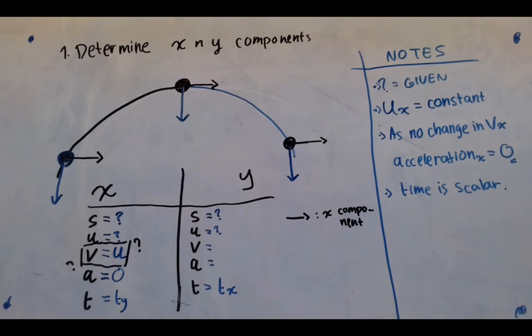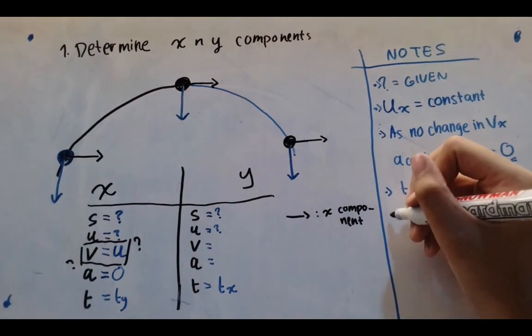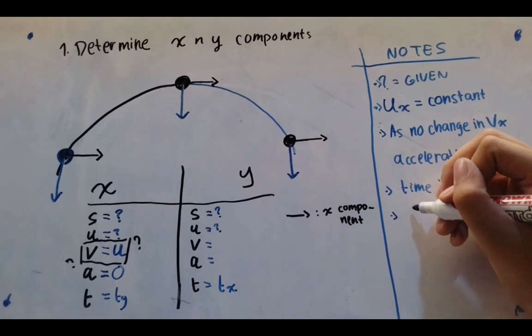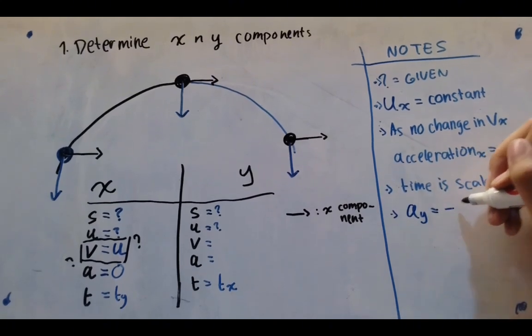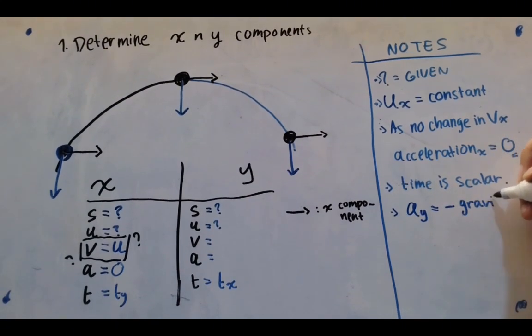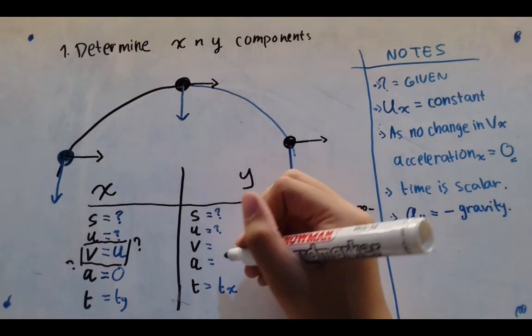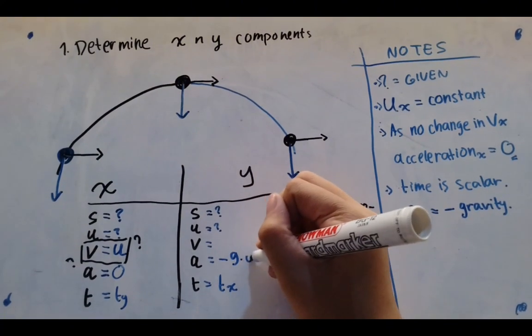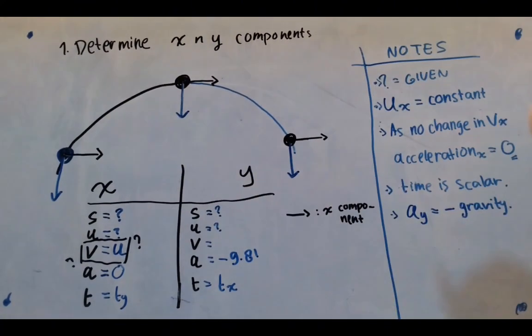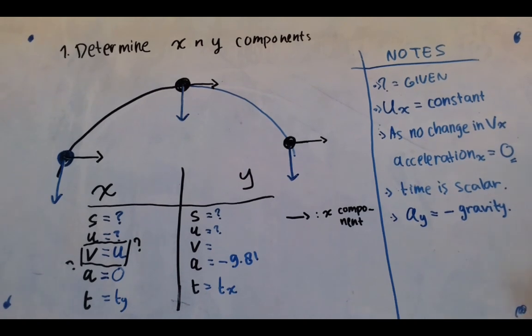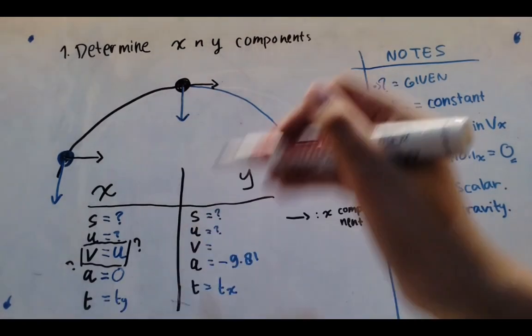And as we indicate that upwards means plus or positive and downwards means negative, we can say that the acceleration in the y direction is negative 9.81 meters per second squared.